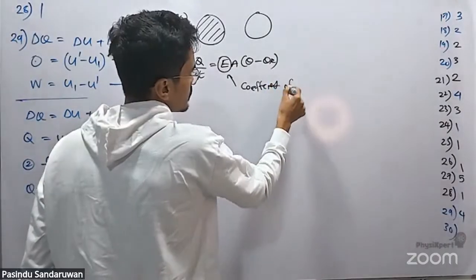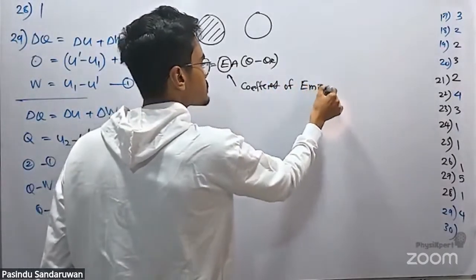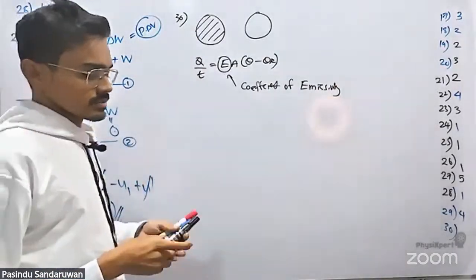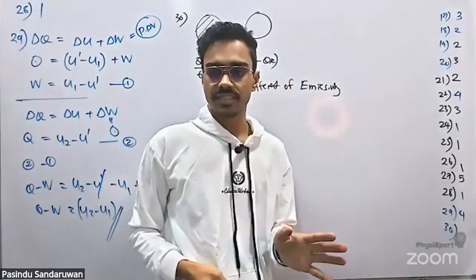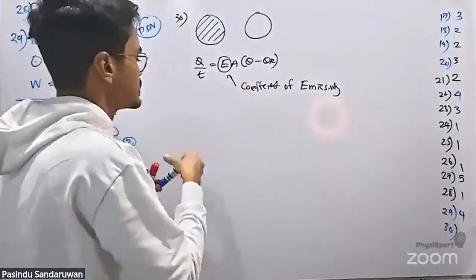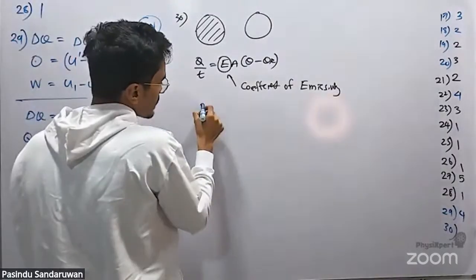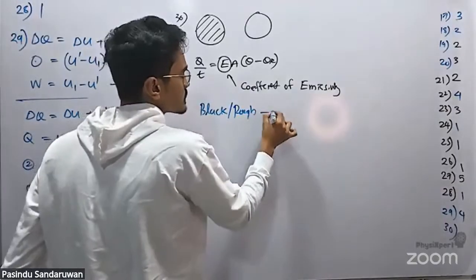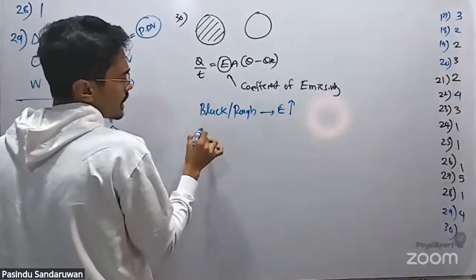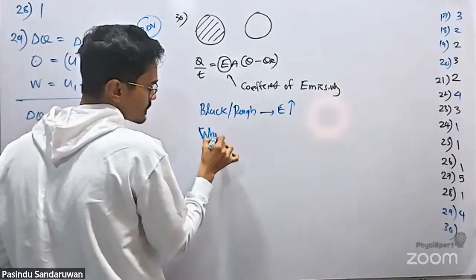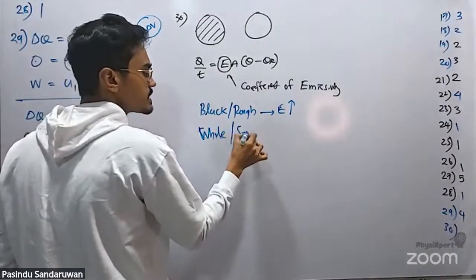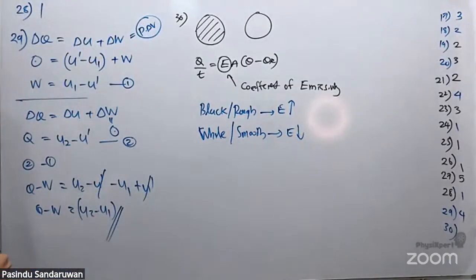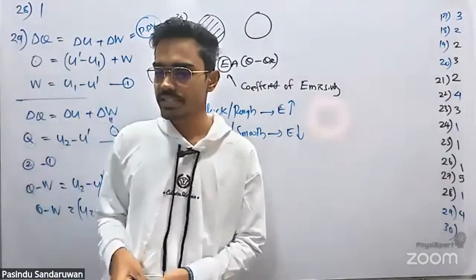For black and rough surfaces, E is high. And for white and smooth surfaces, E is low. Right. Now let's go to the statements.